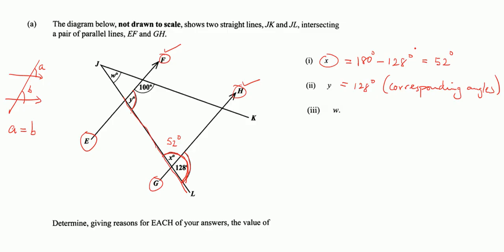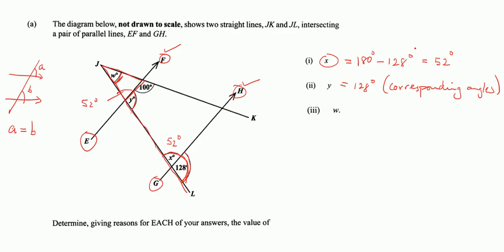Now we need to find W. So W is this angle here. Now, what we do have is a triangle. That is this triangle here. So this angle here has to be 52 degrees, because it's corresponding with x.